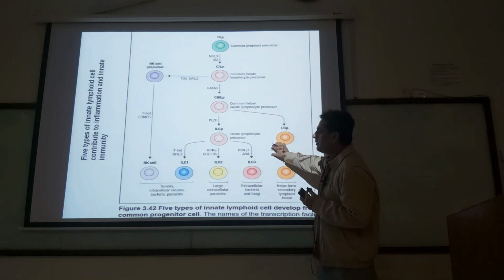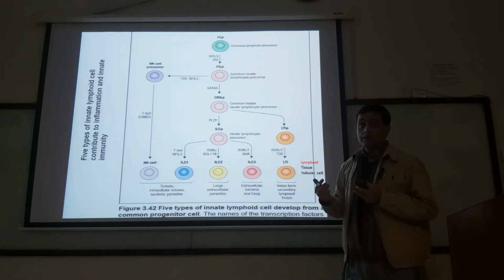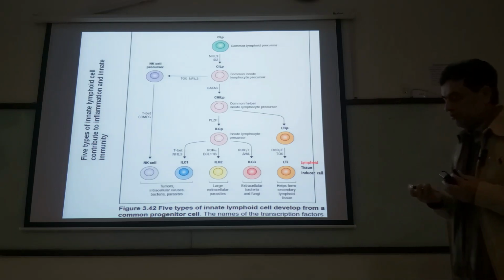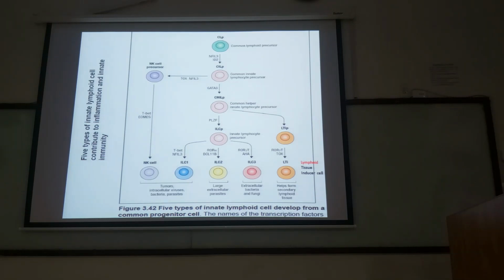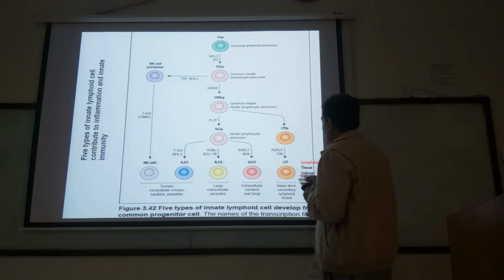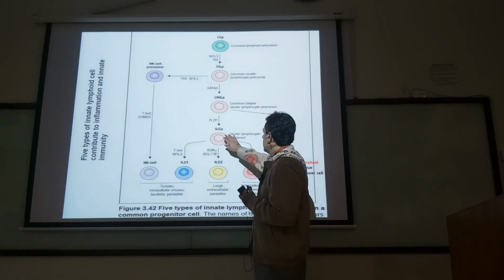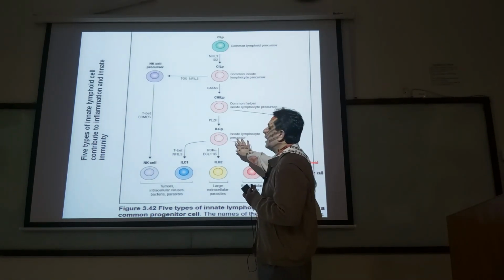These are the transcription factors responsible for this differentiation. So you see that along each arrow there are certain names written that you see here, certain abbreviations. All these are transcription factors. Okay? So if you see here, this is ILCP, or the innate lymphocyte precursor.